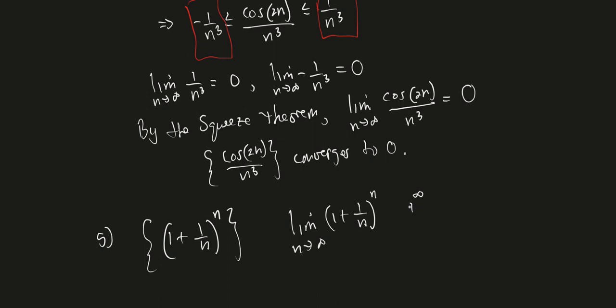And you can't just say 1 to the infinity is going to be equal to 1. That fact only works when you have 1 raised to an actual number. Infinity is not a number. This is in fact another indeterminate form, and this is one of the stranger ones.